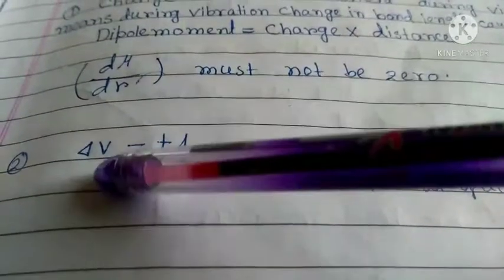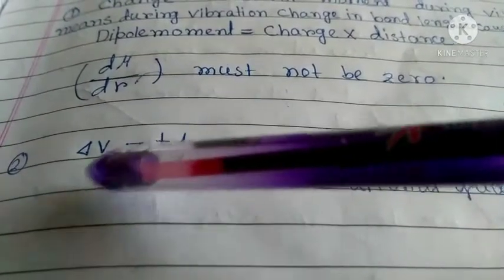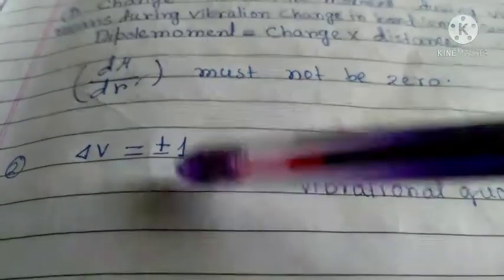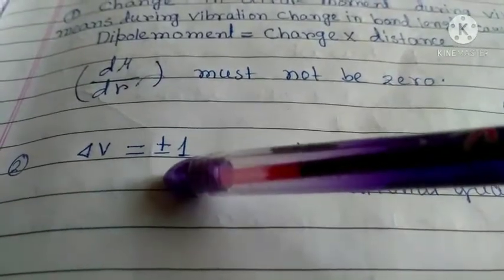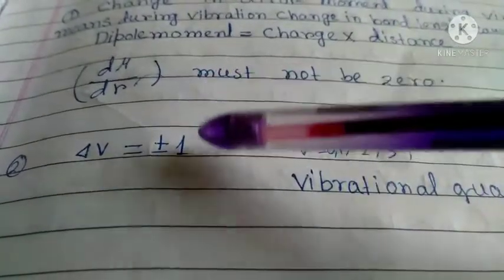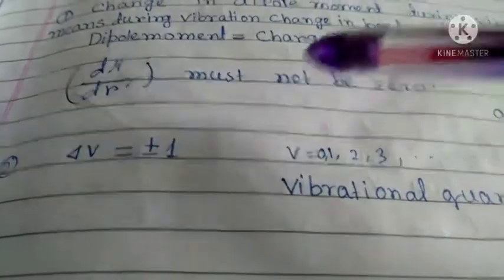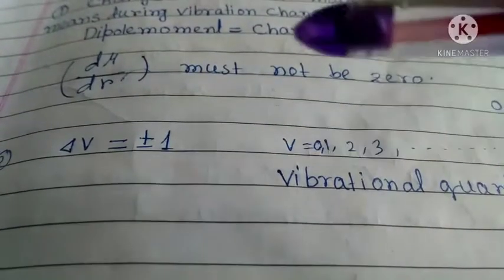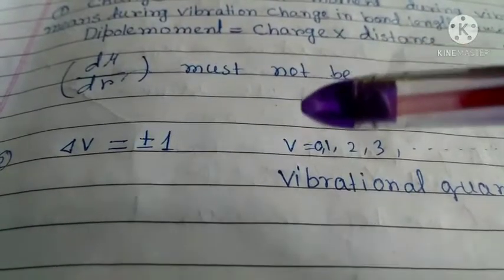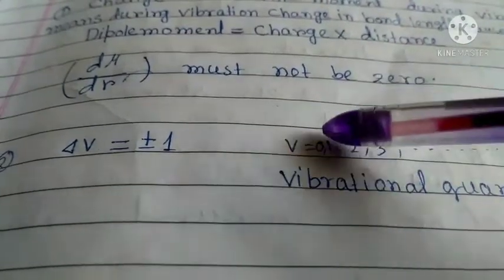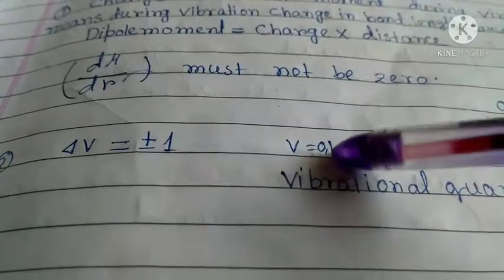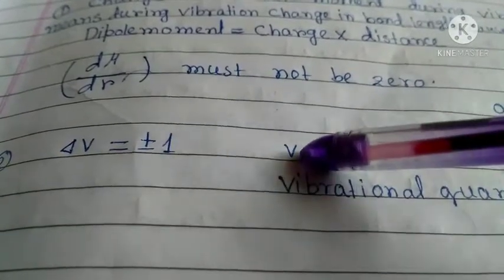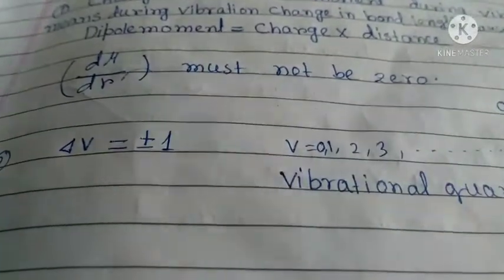Here also the difference between two vibrational quantum levels should be +1 or -1. So a transition from v equals 0 to 1 is possible, or 1 to 2 is possible, but 0 to 2 or 0 to 3 is not possible.